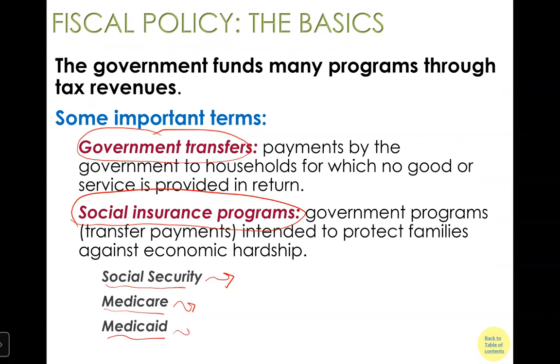And Medicaid is healthcare for the low income, particularly for women and for someone with a young child, right? So you can see those are government programs to protect families against economic hardship. This hardship comes from a shortage of income, like with Social Security or disability, and also includes some health risk, like healthcare. Okay? So this is the government.